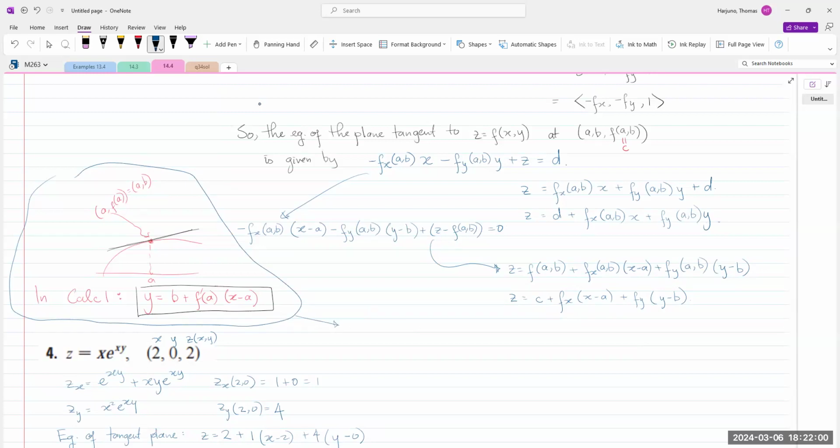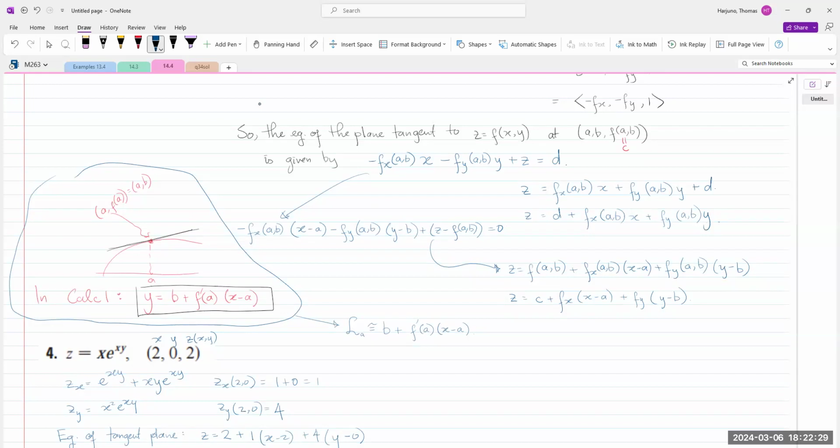The linear approximation at a of that function is given by the value there plus f prime at a times x minus a, if you remember.